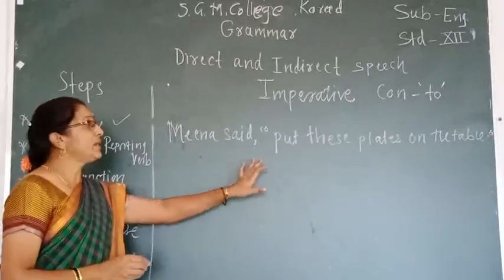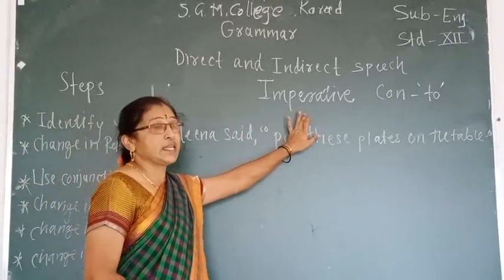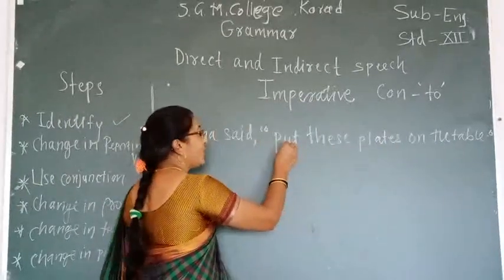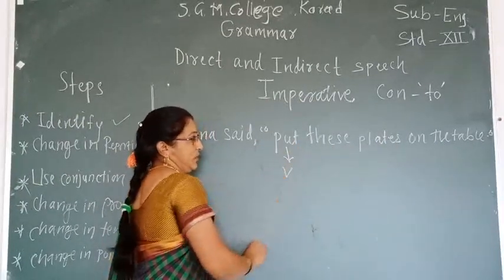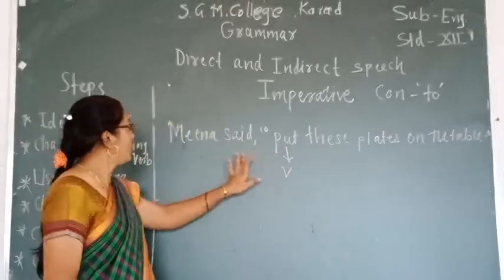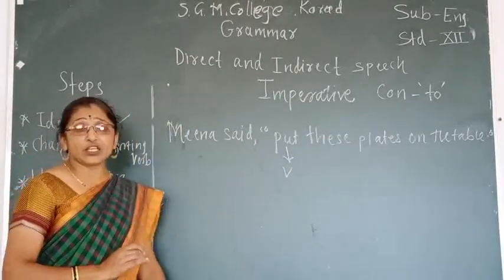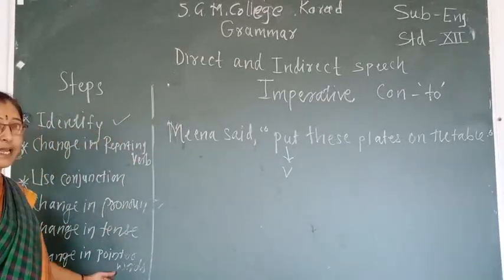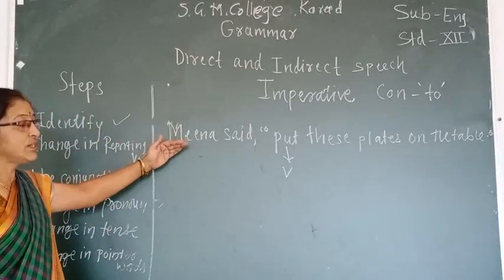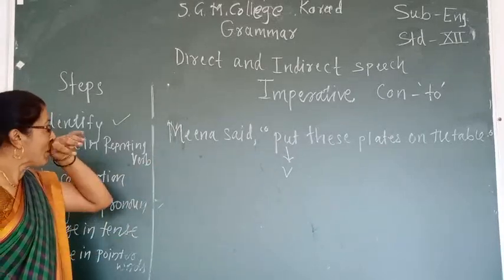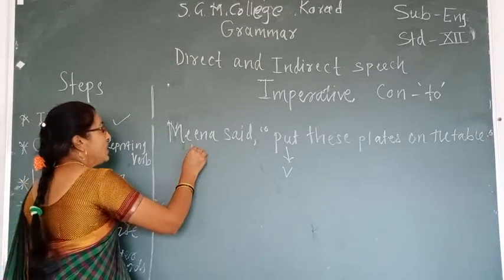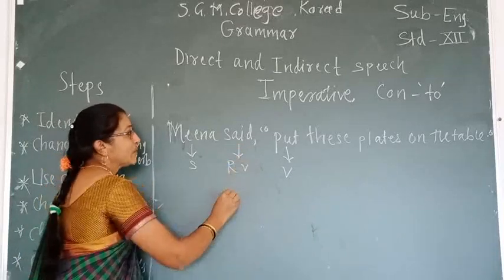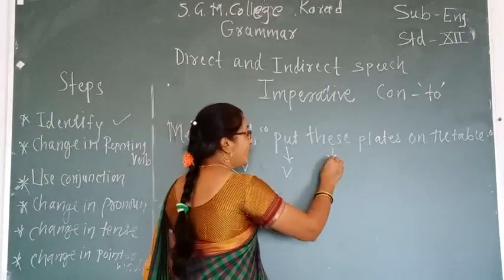Remember, the main sentence inside the inverted commas always begins with the main verb. Put here is the verb. Meena said, "Put these plates on the table." Then we follow all our six steps and change this sentence into indirect speech. Meena here is the subject, said is the reporting verb, and which here is one pointer word.